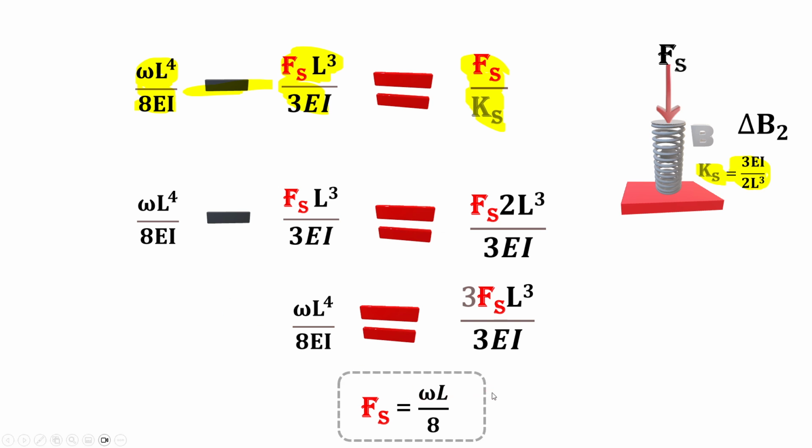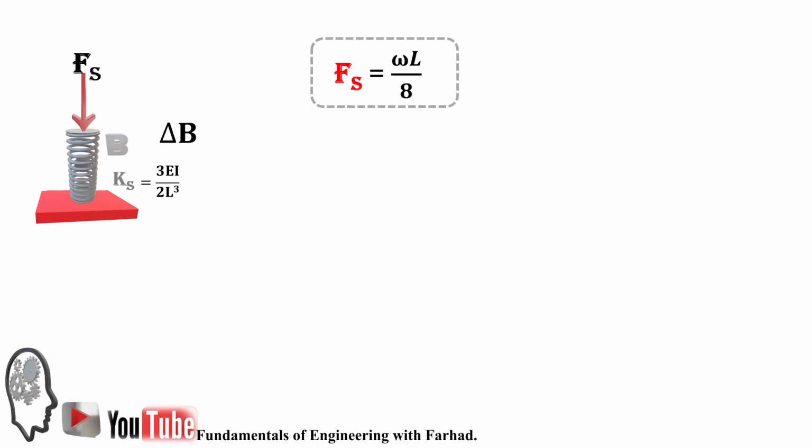You can see how easily we solve this statically indeterminate problem just with the consistency of deformation. As soon as we have Fs, which is WL over 8, we can also calculate delta B, which is the force of the spring divided by the stiffness of the spring.